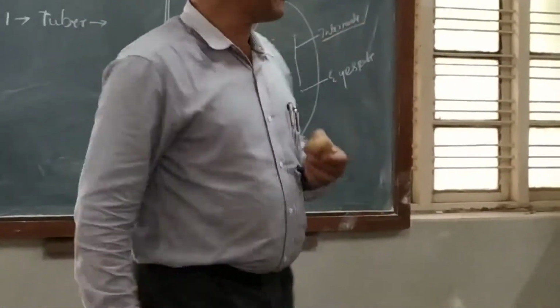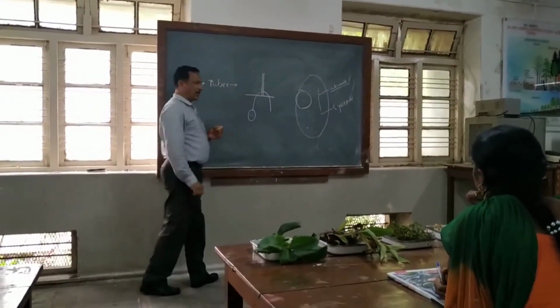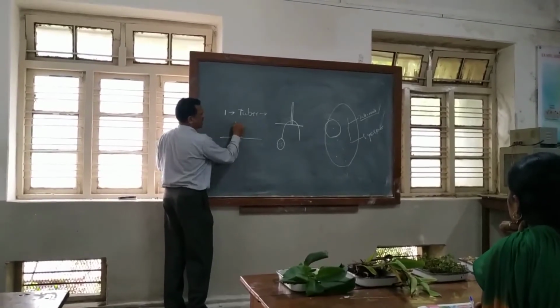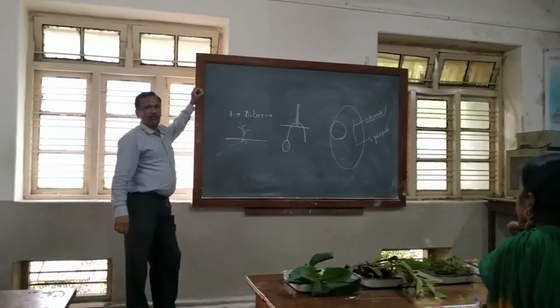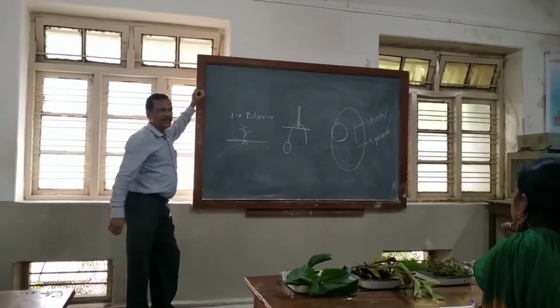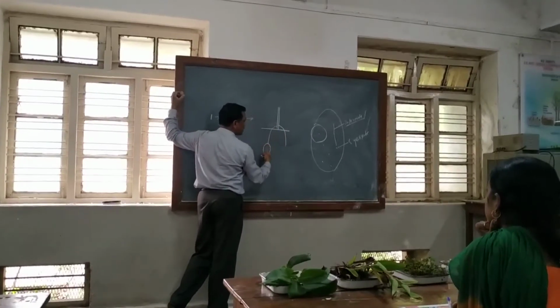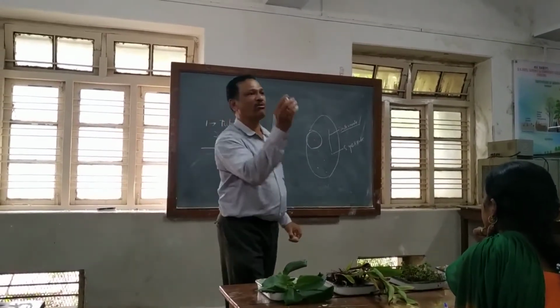If you observe after 15 days, this small portion kept in the soil develops into one small plant. Afterwards it becomes mature and develops branches like this, and the terminal portion of the branch swells or develops in the form of a tuber.